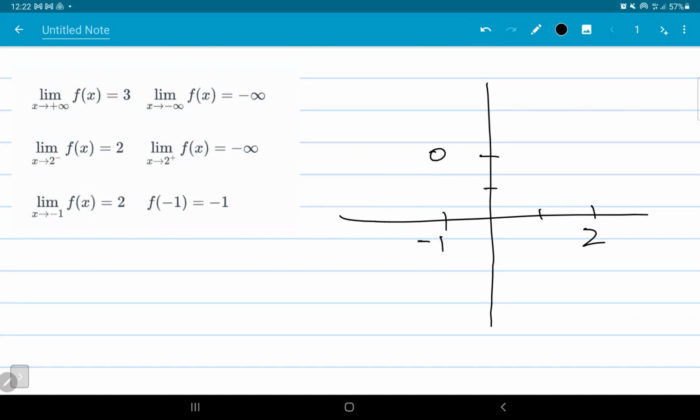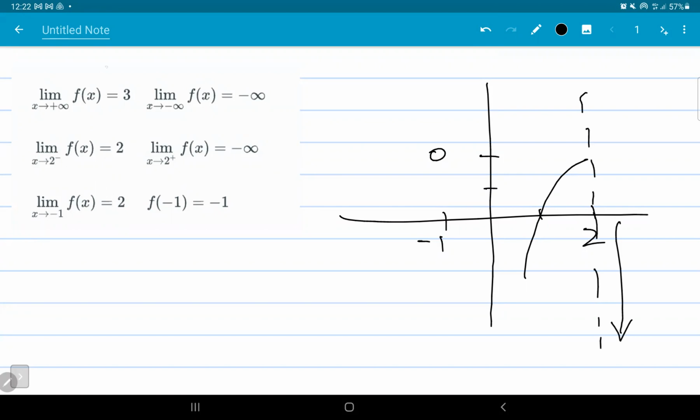And then as x approaches 2 from the left, it approaches 2. And from the right, it's -infinity, so it goes down. So there seems to be a vertical asymptote here.